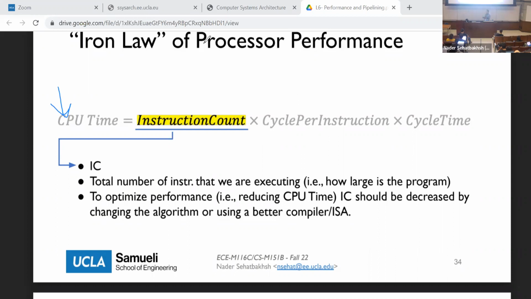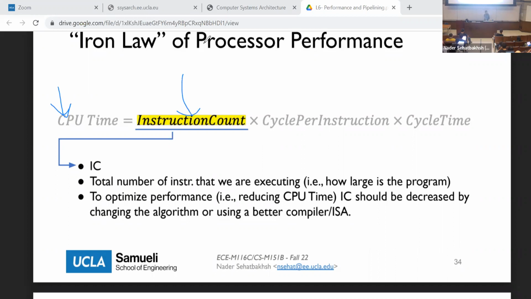So using better algorithms, better programming languages, and better compilers in order to minimize the number of instructions can improve the CPU time. There is lots and lots of work in that domain in order to make things faster. Generally at the software level, any efficiency changes that you can make directly translate into this instruction count.